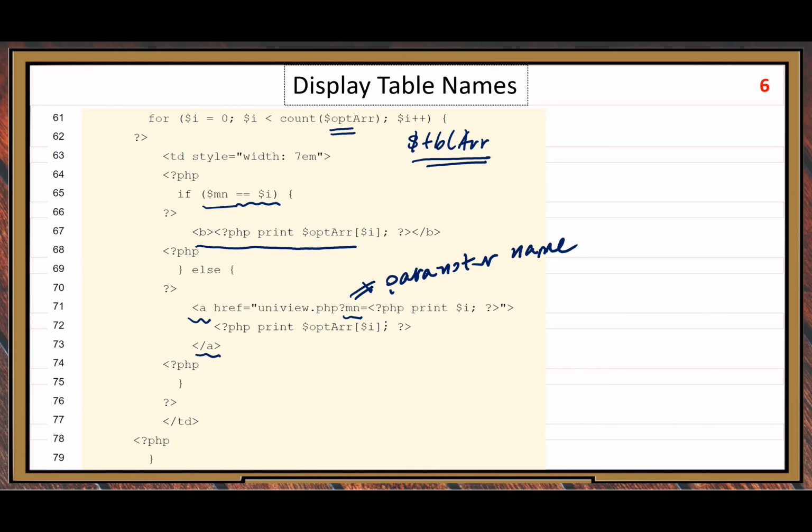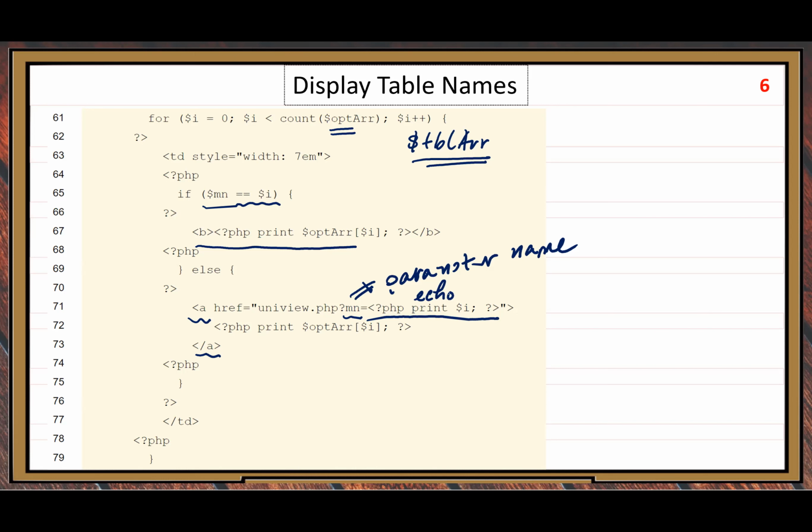Then for the value, we use this PHP expression, because we want to retrieve the value of the PHP variable. So we use print or echo. Some people use echo, the same thing, because we just want to display its value here.